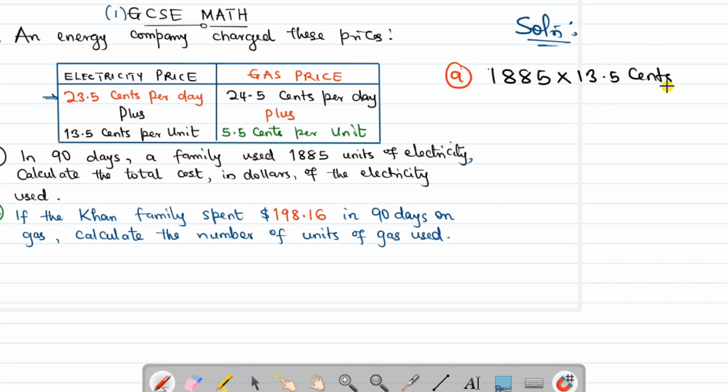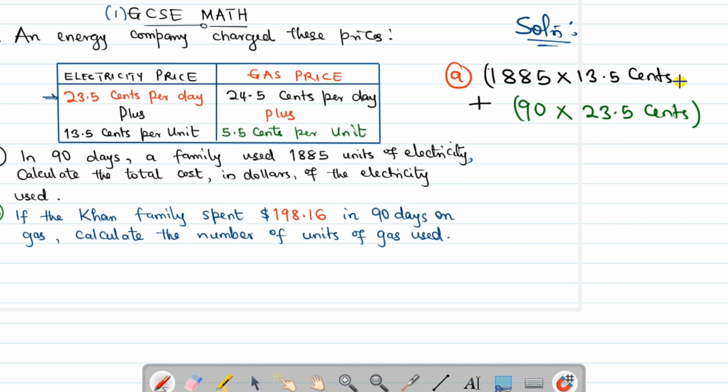You also add the amount they paid per day, the flat rate that everybody pays per day regardless of the number of units used. So we have the number of days, which is 90, multiplied by the flat rate per day, which is 23.5 cents.